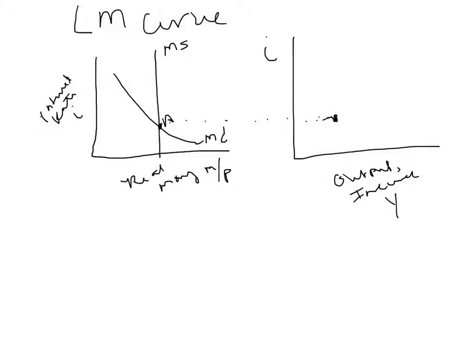The reason why we know this is because this Y, which is the income, is right here in the parentheses, because we know that money demand is equal to $YLI.